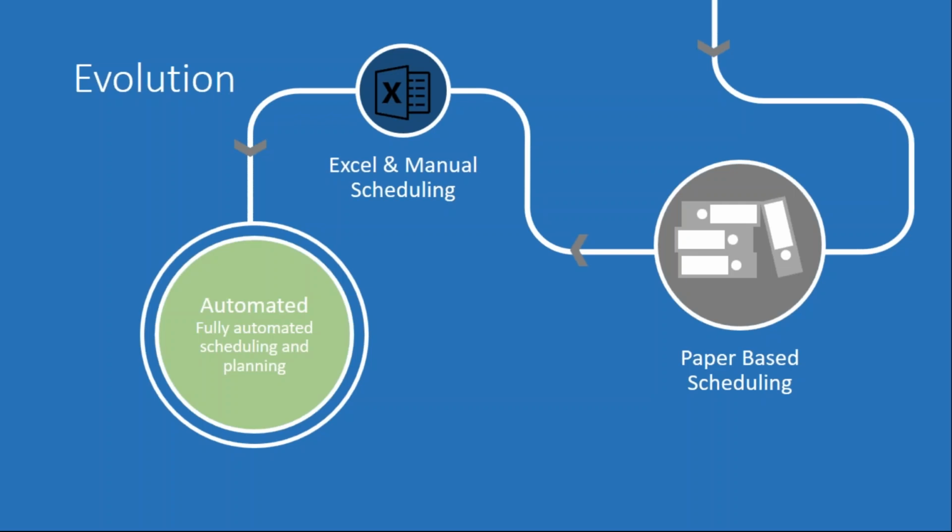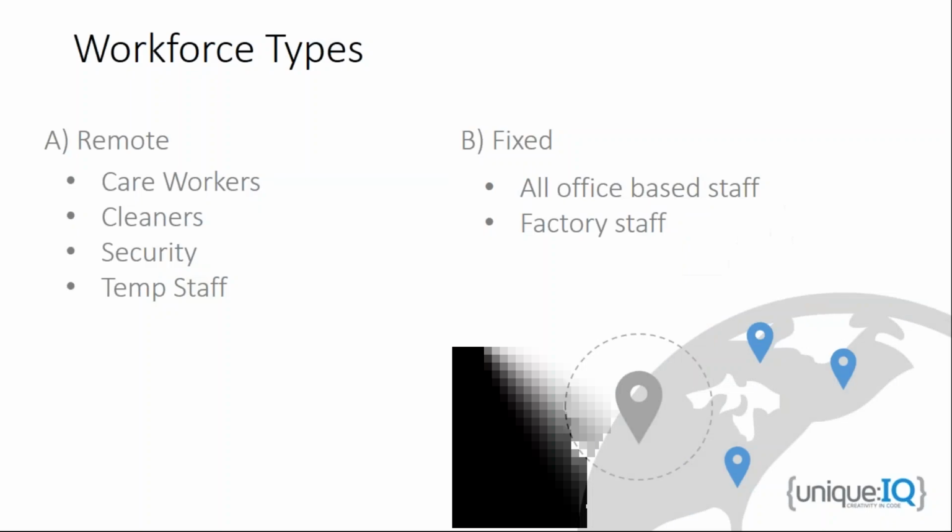And that gets very manual and time consuming. And then the evolution one step further is to try and automate that complete process. However, there are some challenges and difficulties in doing that.